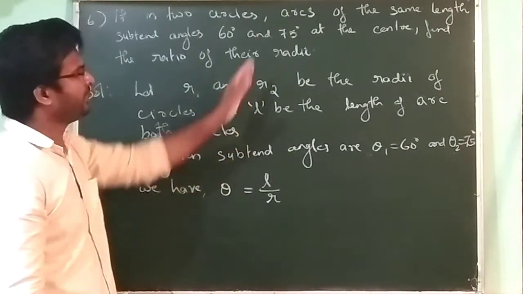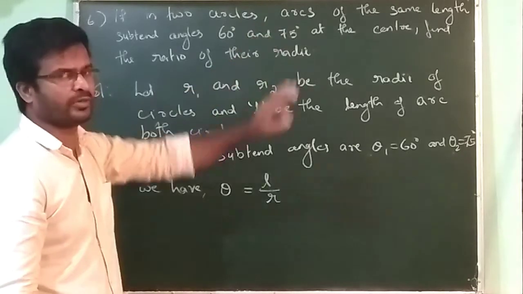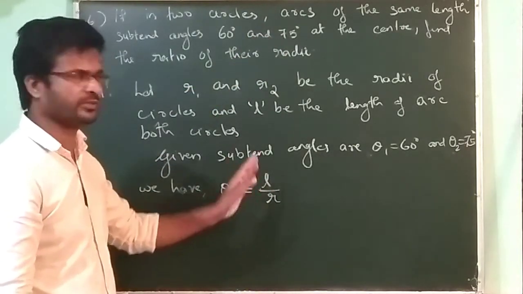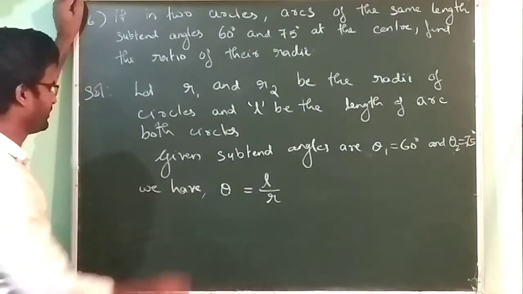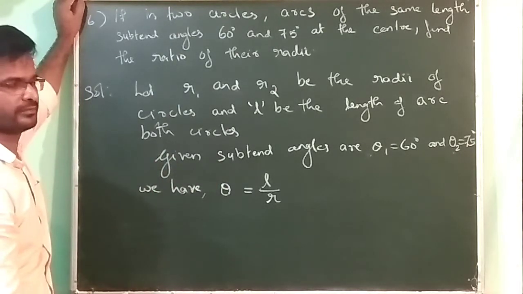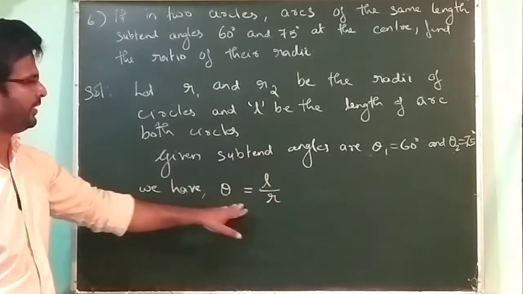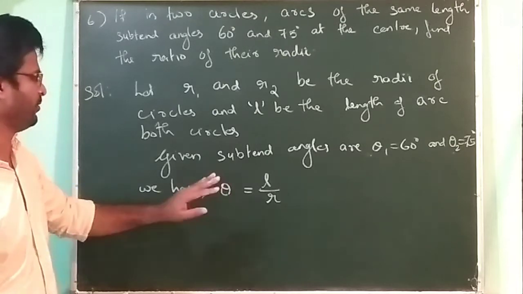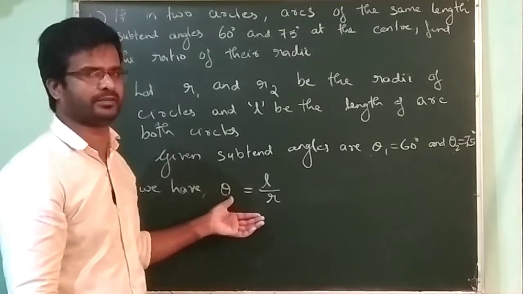Keep in mind only this angle is given, other values are not given. This theta no need to change to radian because other values are not given. Whether we write radian or degree, that is not a matter.